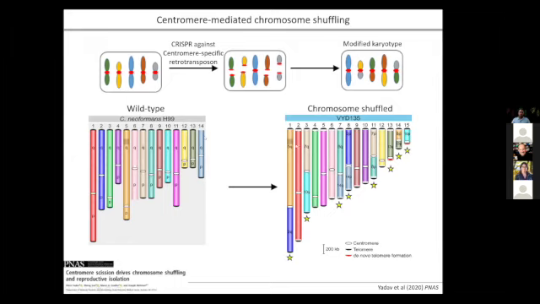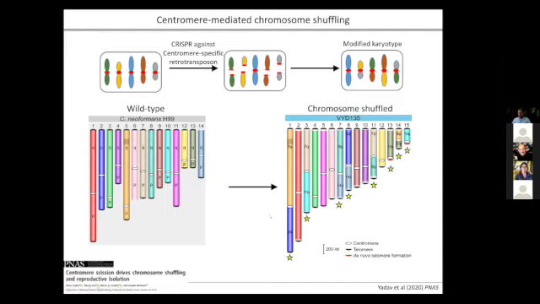There was no difference in the gene content of these two strains, only the structural variation in terms of chromosomes. And these structural variations were generated by CRISPR against the centromeric regions. In the rest of the talk, I will refer to this as wild type and this as chromosome shuffle, not going into the names and details.